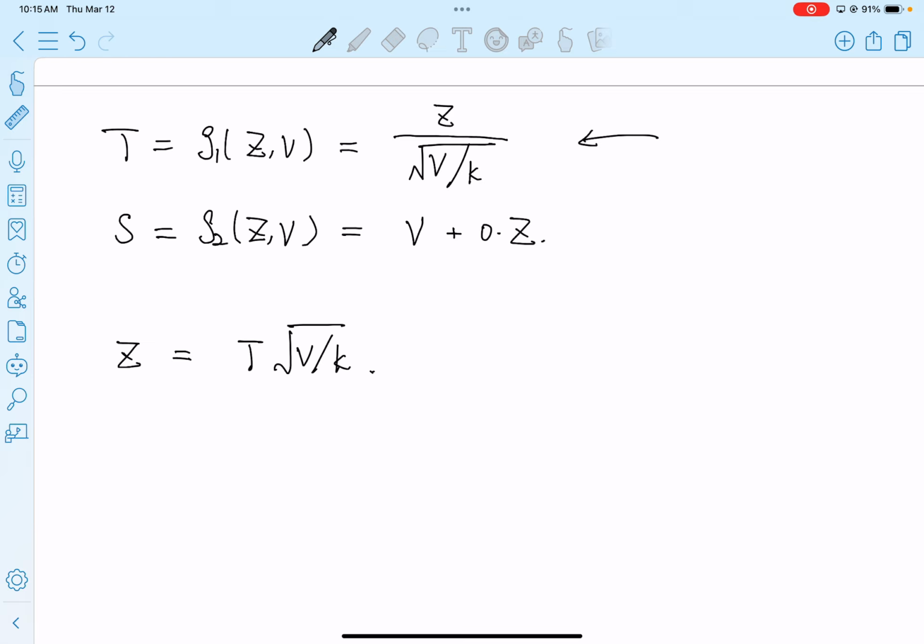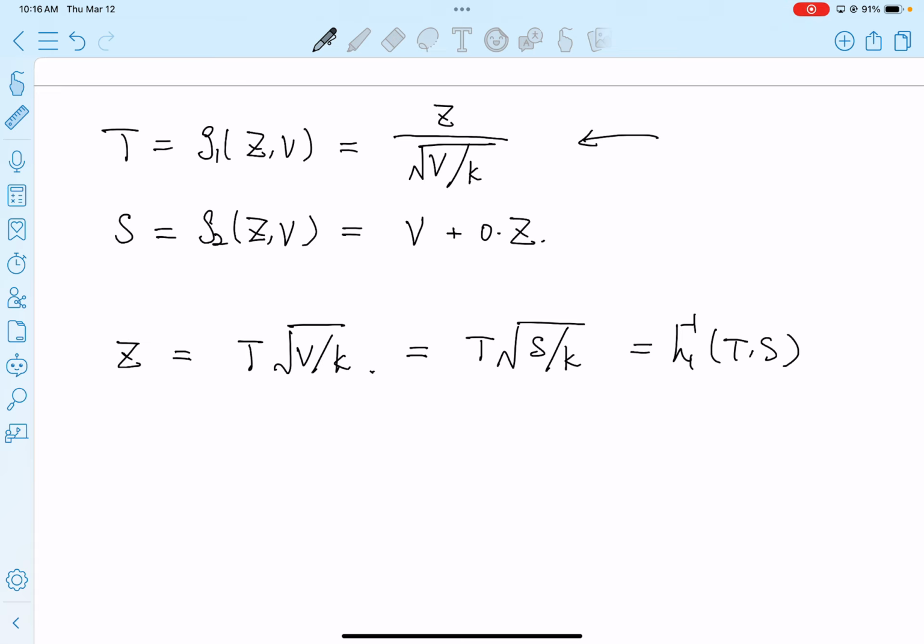However, this is still not yet a function involving the new random variable because we still have the v. But now we can replace the v by s. This is your h1 inverse, a function where you input t and s, and then output the original random variable z. Okay.